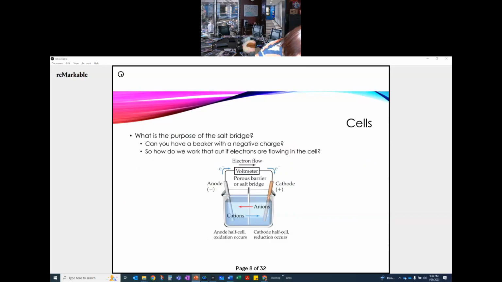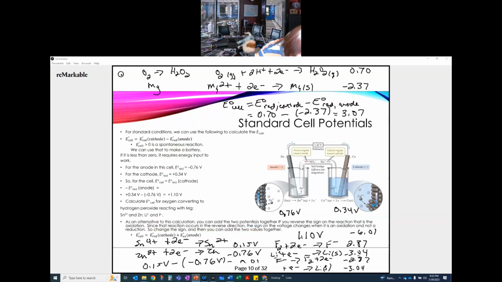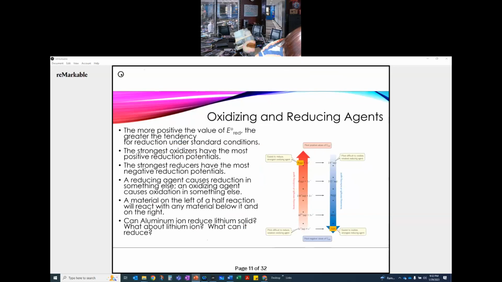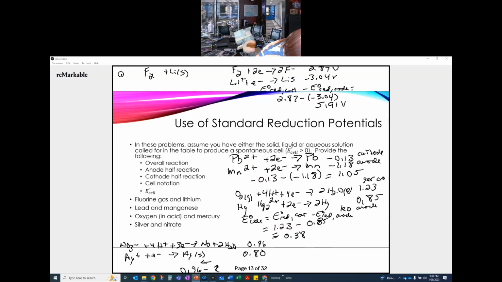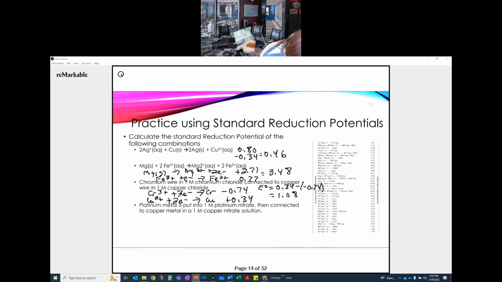I didn't actually find the value the last time. I just remember finding it was Pt2+, and I don't remember where I found it. So I know the copper one is that.